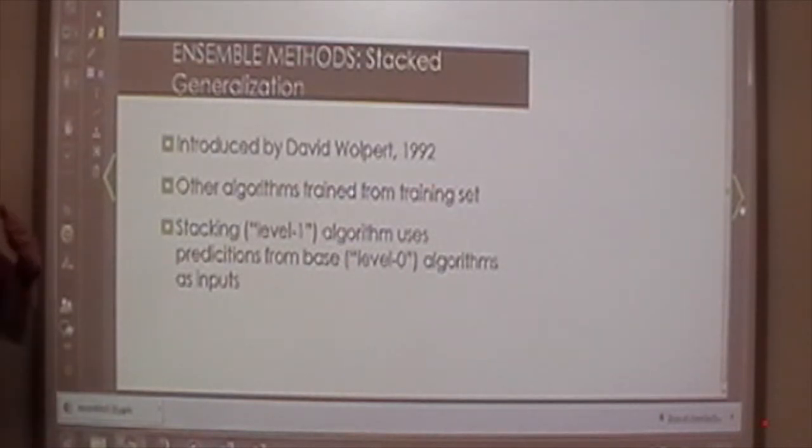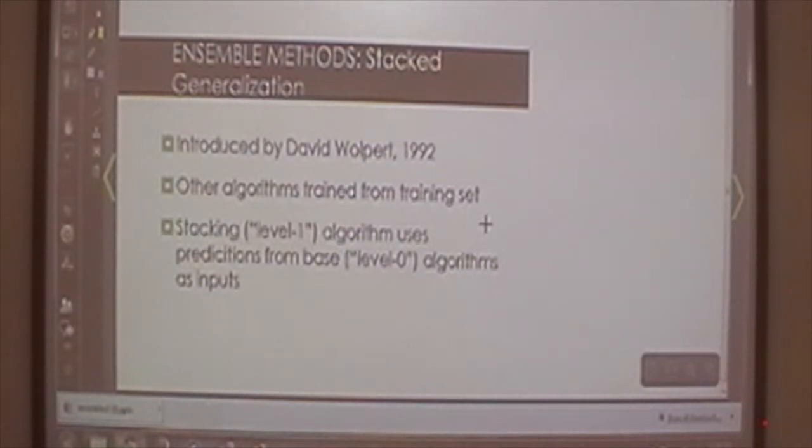One of the things about stack generalization is it's really useful when you've got different types of models. They're not all the same type. They're not all decision trees. They could be just many different types of algorithms.